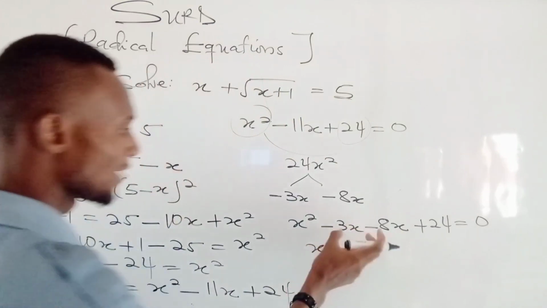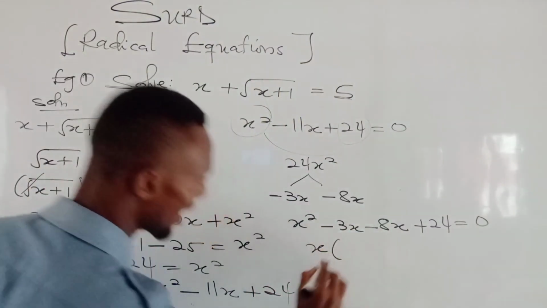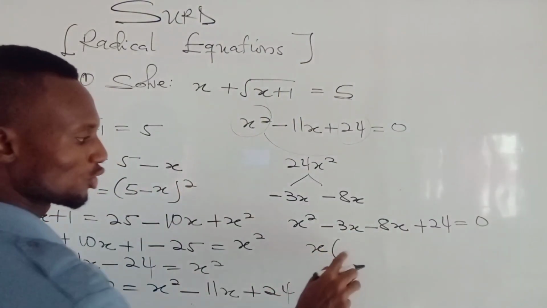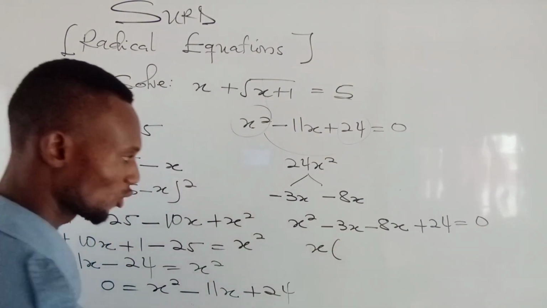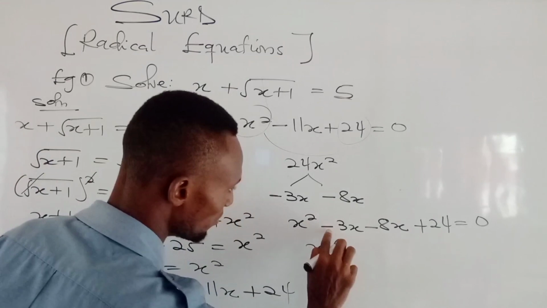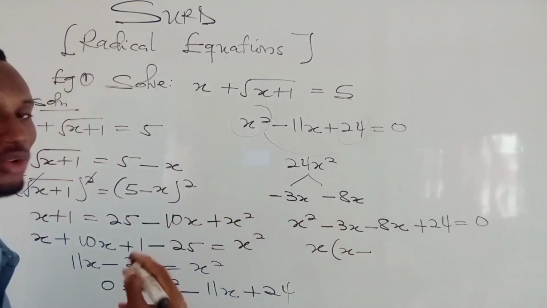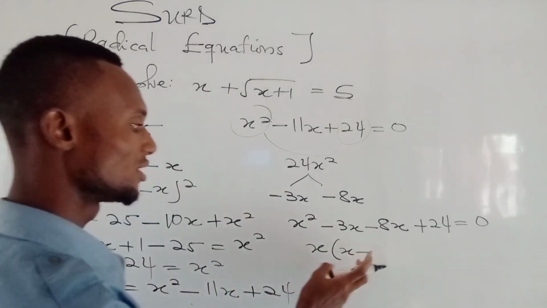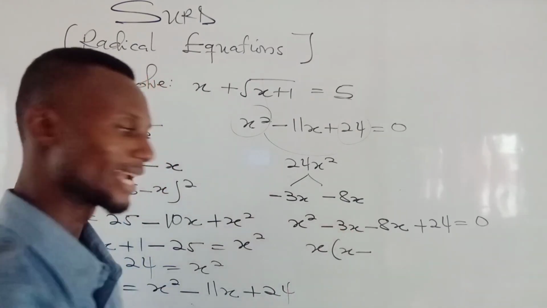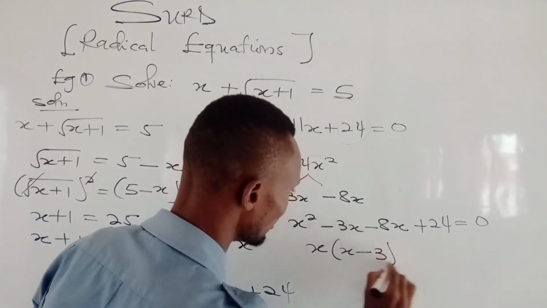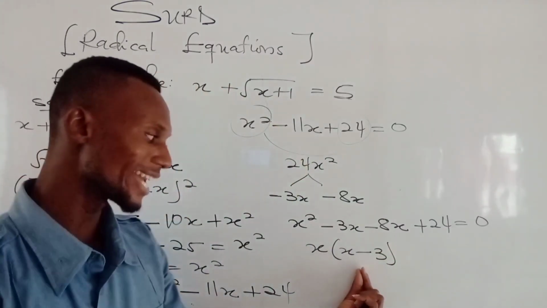So we factorize s out, then we bring our bracket, then we ask ourselves, what do we put here so that when we multiply by the s, we'll get this s squared back, and that is s. You bring your minus, which is here. You ask yourself the same question, what will I put here so that when I multiply by the s, I'll get this 3s back, and that is going to be 3. So you can see we are getting this.